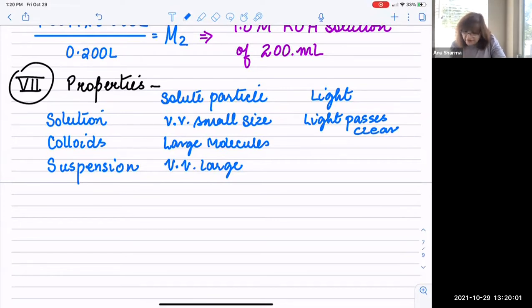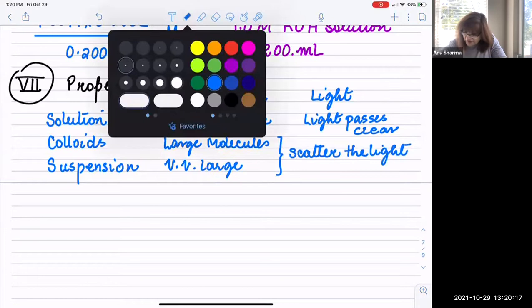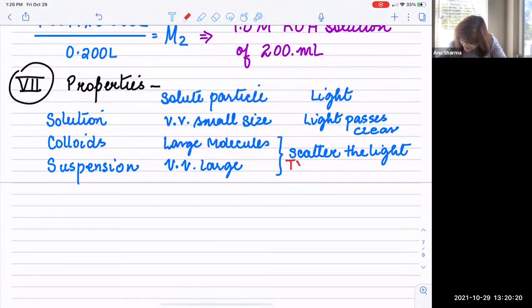In colloids and suspensions, these are big particles, so they scatter the light. That scattering of light is called the Tyndall effect. All right, so that's one piece.